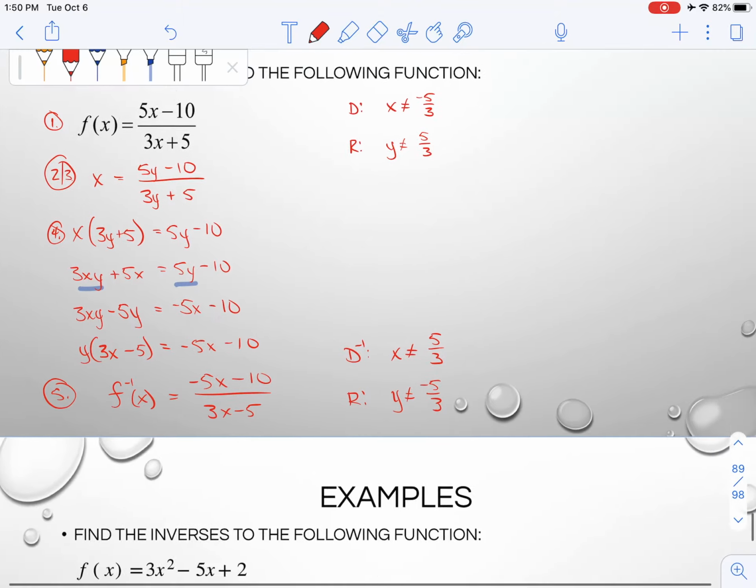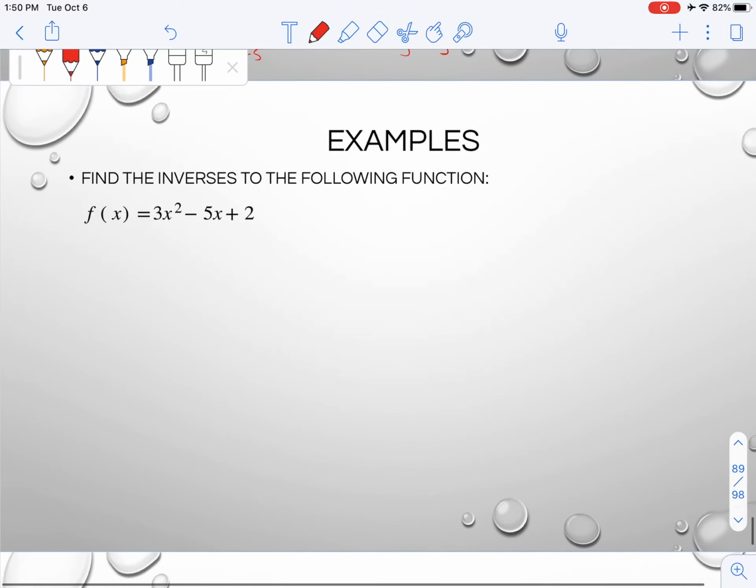All right, let's take a look at another example here. For this one I have 3x squared minus 5x plus 2. So again, I know I have a quadratic, and I know that my quadratic is not going to be one-to-one, so I need to find my vertex here.